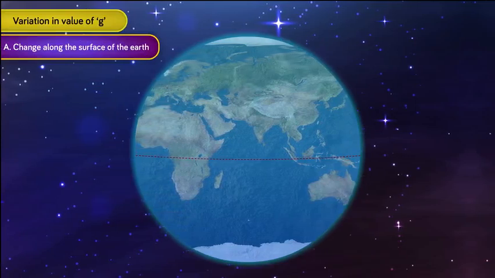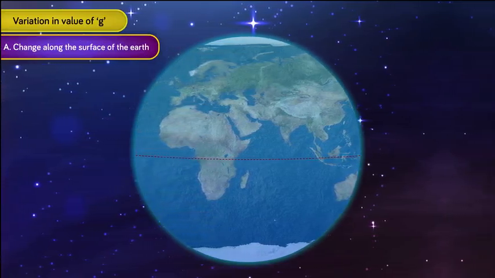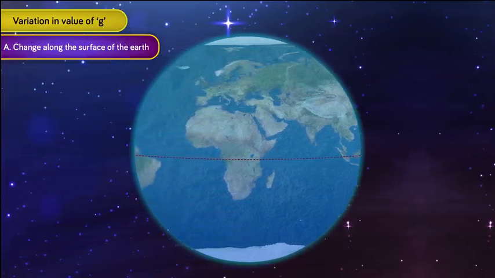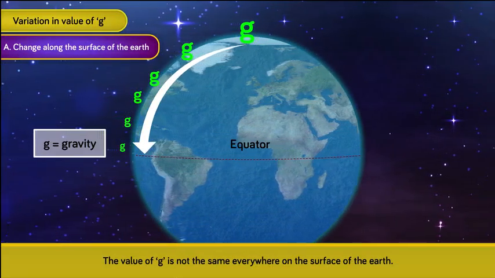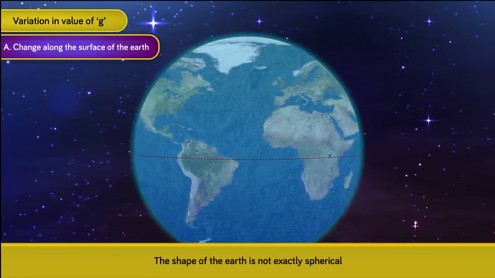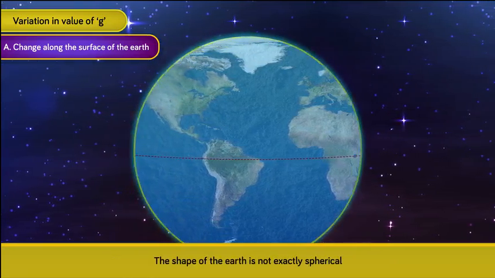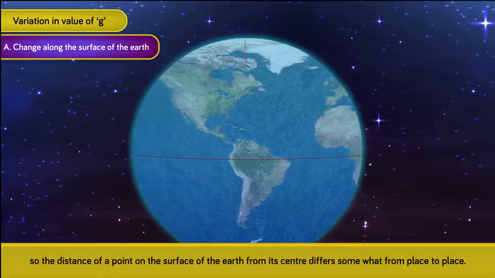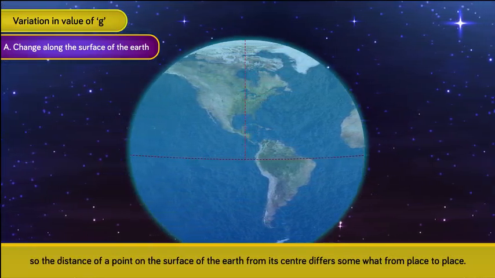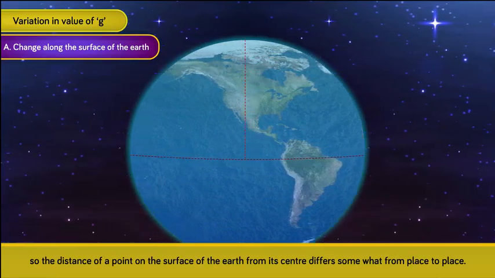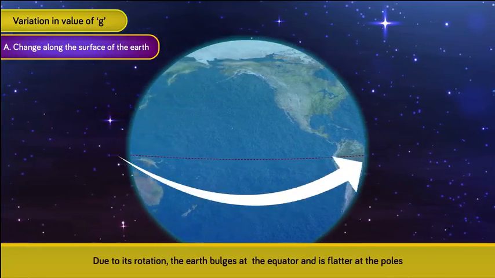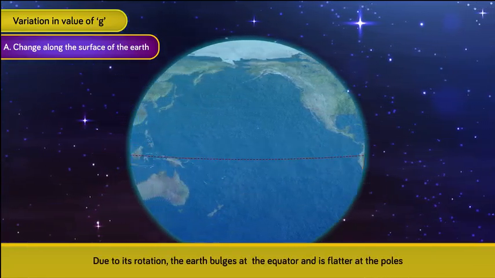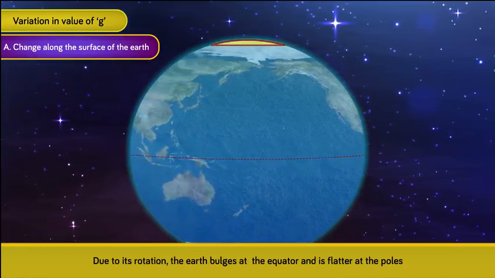Point A. Change along the surface of the earth. The value of g is not the same everywhere on the surface of the Earth. The reason is that the shape of the Earth is not exactly spherical, and so the distance of a point on the surface of the Earth from its center differs somewhat from place to place. Due to its rotation, the Earth bulges at the equator and is flatter at the poles.